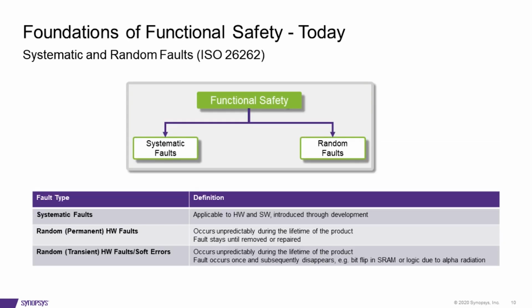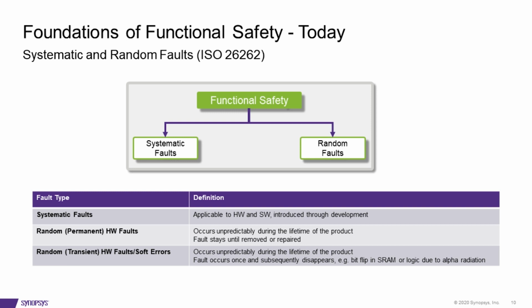So what does that mean in terms of developing SoCs in particular, and then the SoCs that go into systems that are then integrated into the vehicle? If you look at the ISO 26262 standard in the industry for functional safety, there are really two major areas that need to be addressed by the system designers as well as the SoC designers.